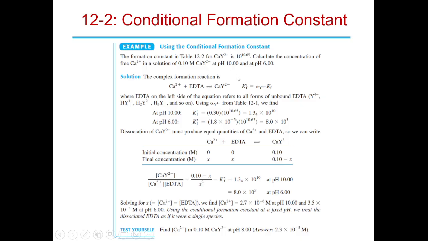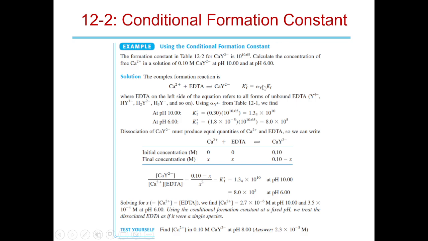Your complex formation reaction would be the calcium 2+ plus the EDTA. This would yield the calcium Y2-. Your KF is going to be a modified KF because we're going to be doing this for different pH levels, and even pH 10 is not 100% the Y4-, right?